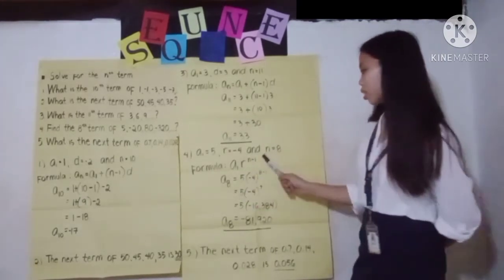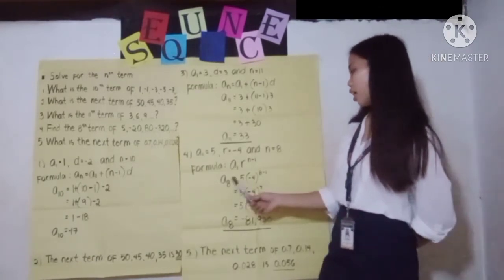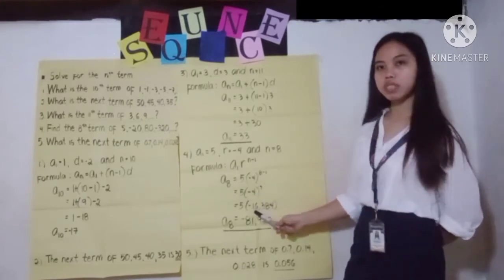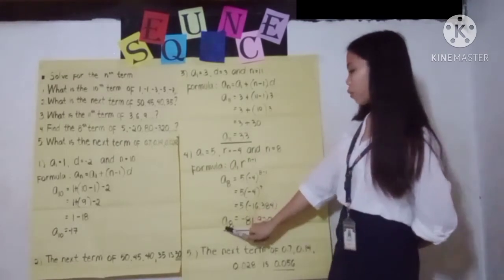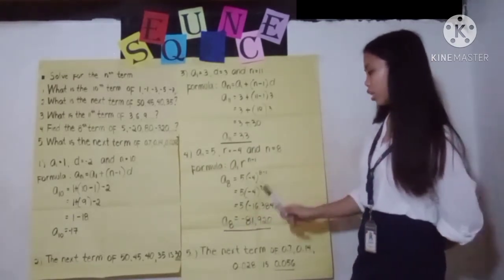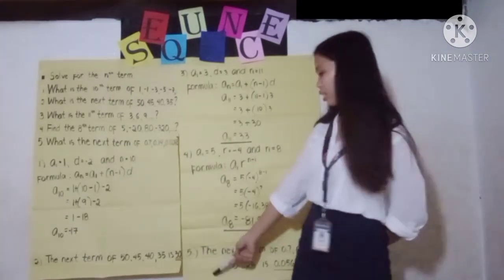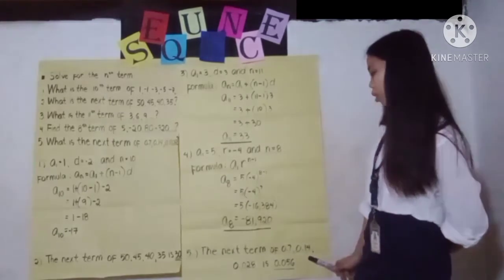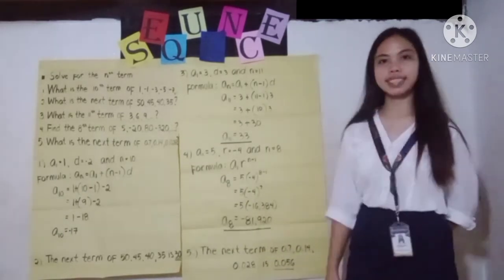Then 5 times the quantity of negative 4 raised to 7. Bring down 5, and negative 4 raised to 7 is negative 16,384. So our a sub 8 equals negative 81,920. And for the last given, the next term of 0.7, 0.14, 0.028 is 0.056.